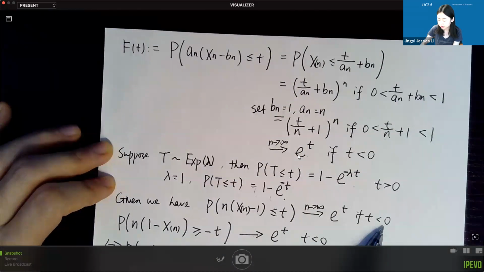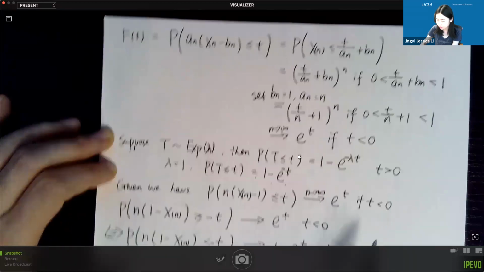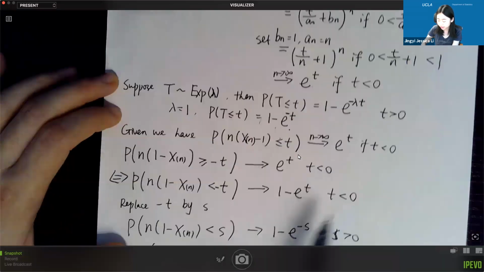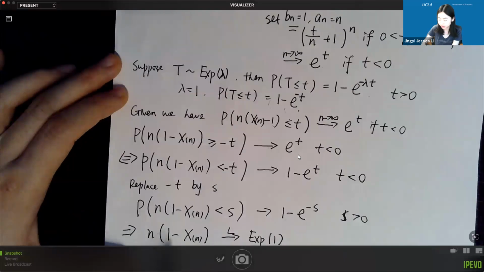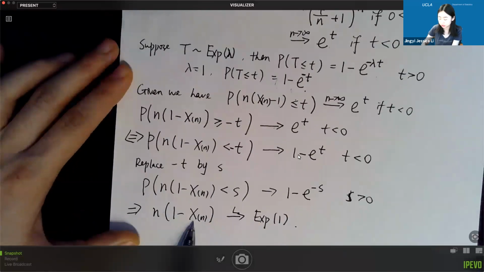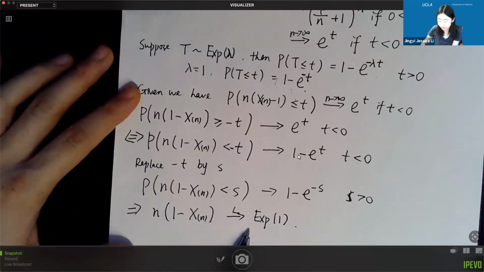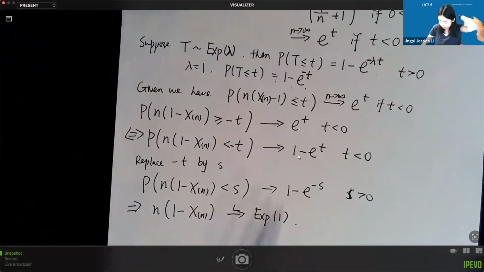So then we did another inverse, right? By changing the sign on both sides. So basically we can find that n times 1 minus xn converges in law to the exponential distribution with parameter equal to 1. So this is a very nice result.